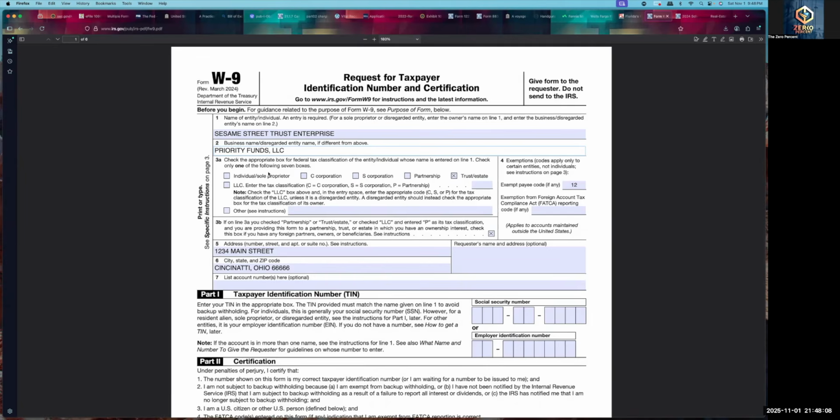And so then we would have to check off the proper entity identity, which would be LLC, not a trust. It would be nice if we could do that with our trust account, but they're not going to do it. Like I said, it is a personal trust account, not a business account. So it's just not going to work.